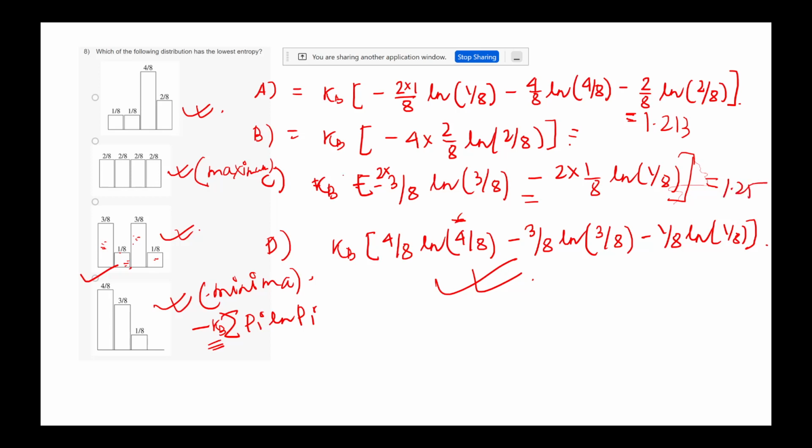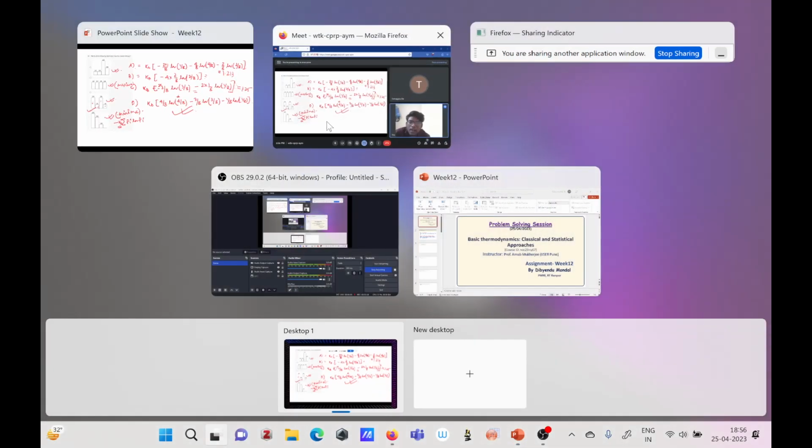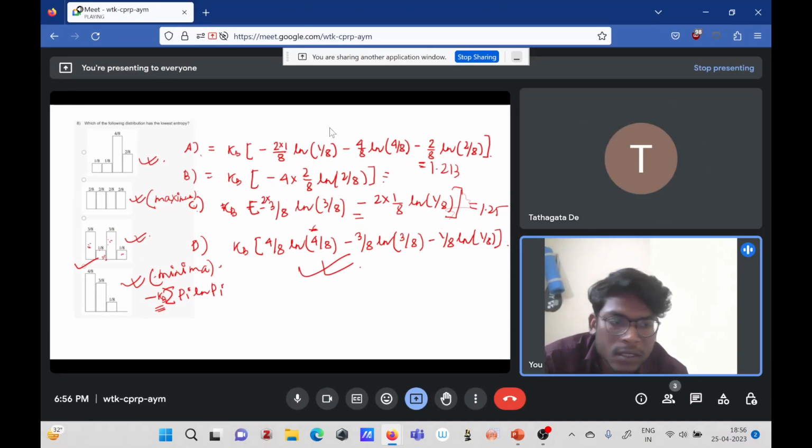So as I've said, this is better than this. Let's not go into the algebra, because of the calculations. I don't want to invest that much time here.